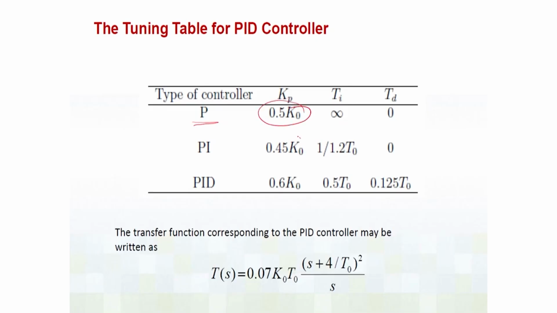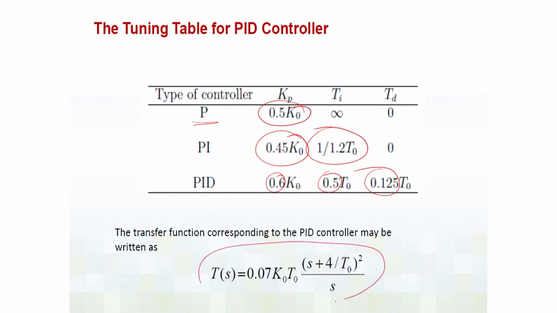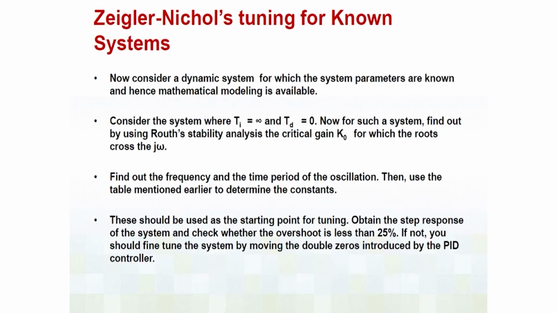For PI, the Kp value is 0.45 K0 and Ti is 1 over 1.2 T0, and for PID, Kp is 0.6 of K0, Ti is 0.5 of T0 and Td is 0.125 of T0, so that the total transfer function for a PID looks like this. This is an empirical rule through trial and error, but it works very well, so we can utilize it.